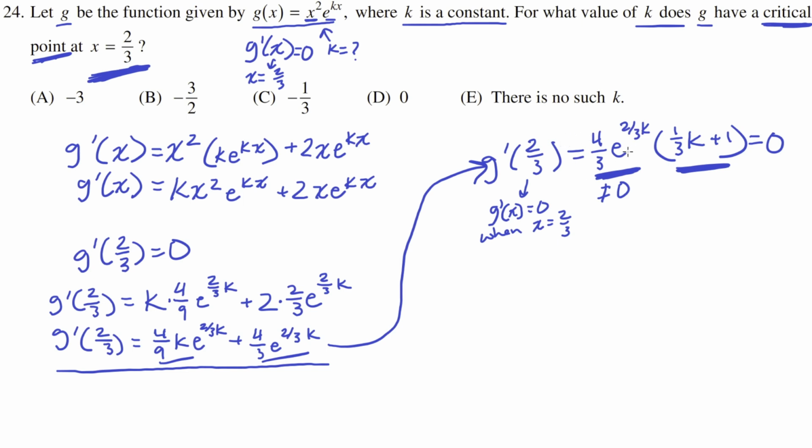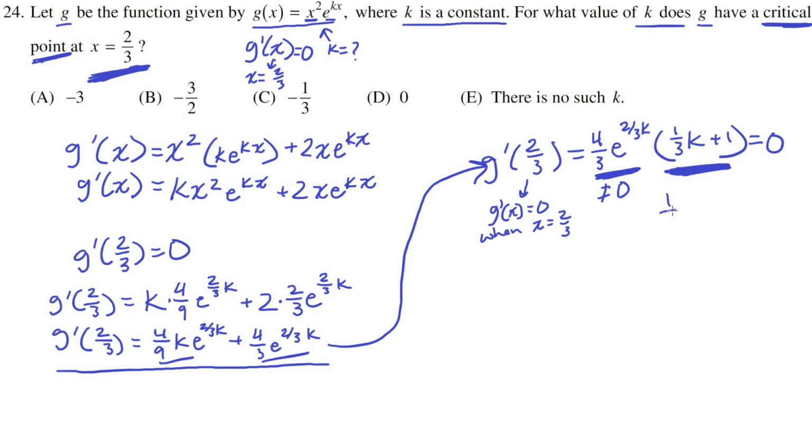And if we put in something negative, that'll just be e raised to some negative power, 1 over e, which is not equal to 0 either. So the only solutions we're going to get are from when this term is equal to 0, because when what's inside the parentheses equals 0, then whatever is multiplied by 0 is just 0.